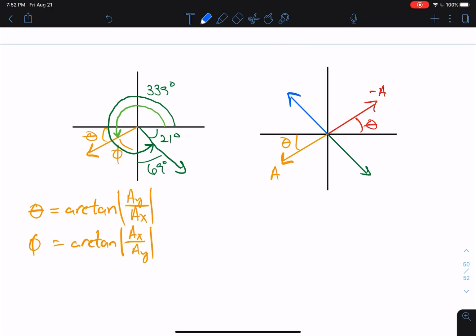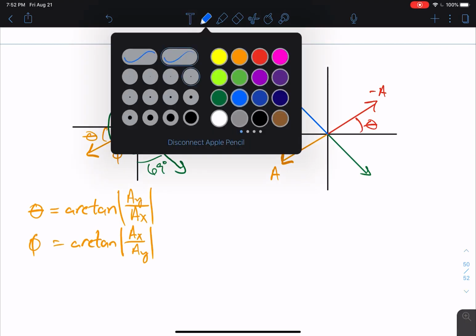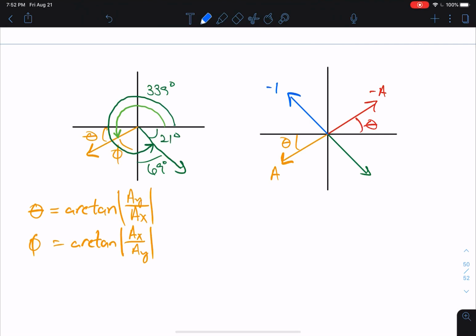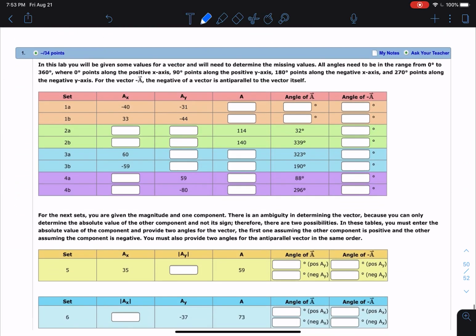There you go. I know they're all called A, but just to call it something different so we don't get confused, this would be negative B, and this would be B, way down here. That's how you're figuring out negative A.